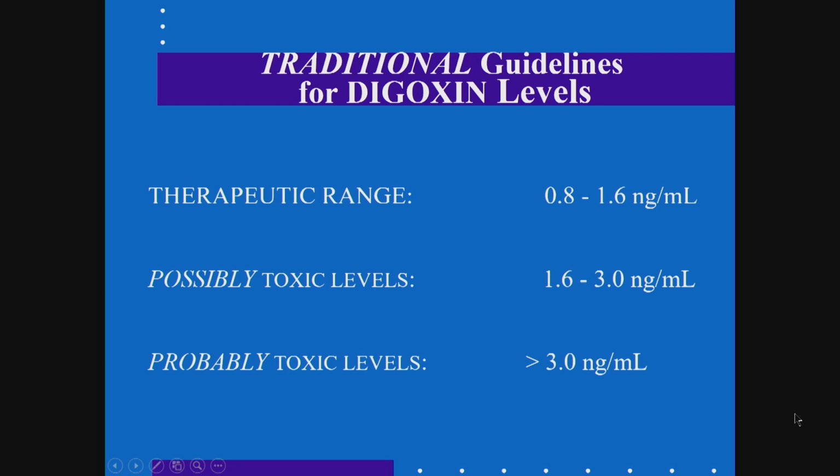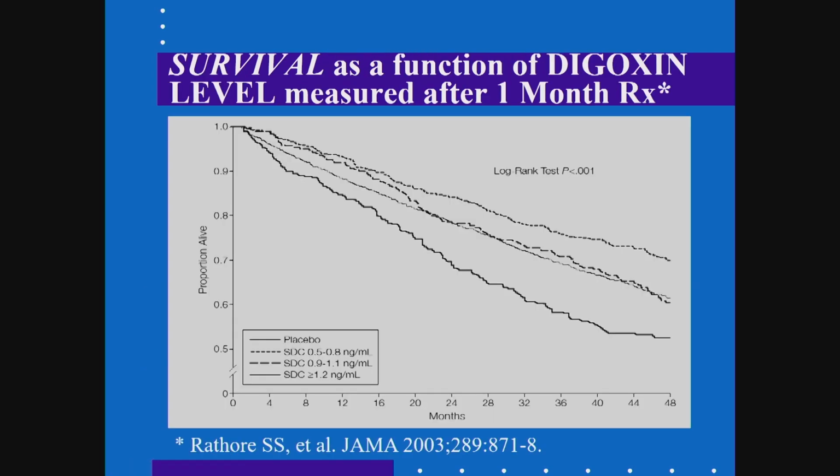But once again, based on further evaluation of the effects of digoxin, not only on function in patients with congestive heart failure, but now in terms of survival after long-term treatment with digoxin.